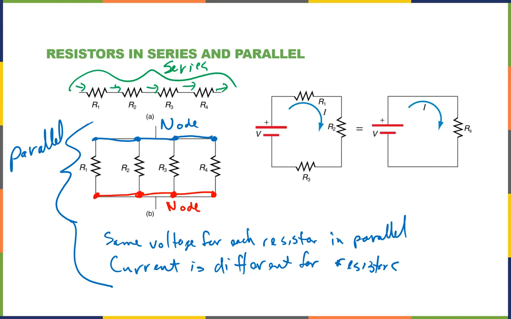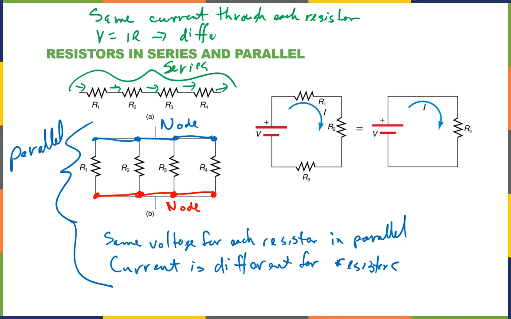And so in series, you have the same current through each resistor. But of course, because Ohm's law is V equals IR, then you're going to have different voltages for each resistor.